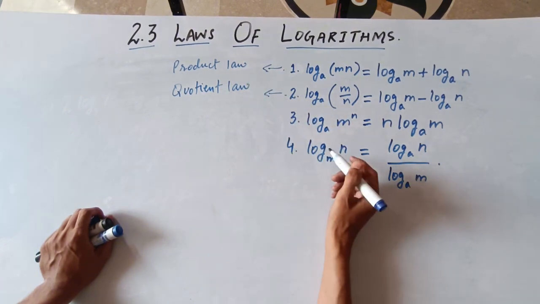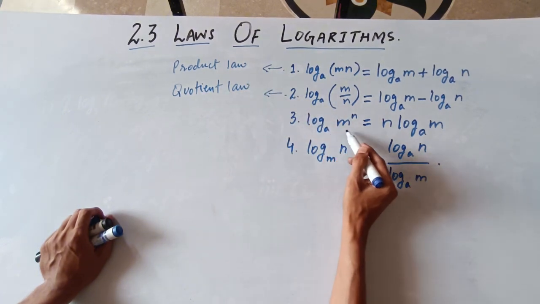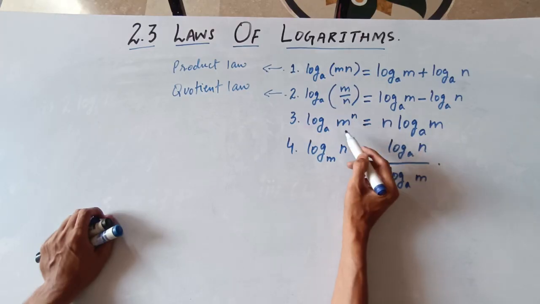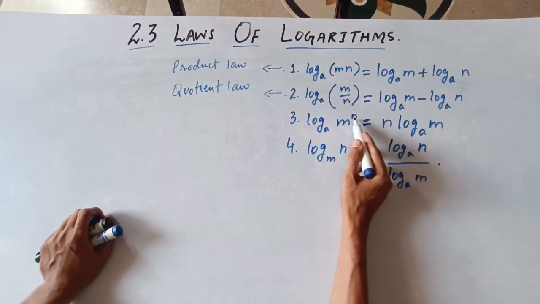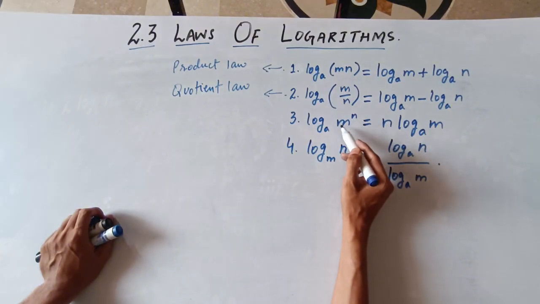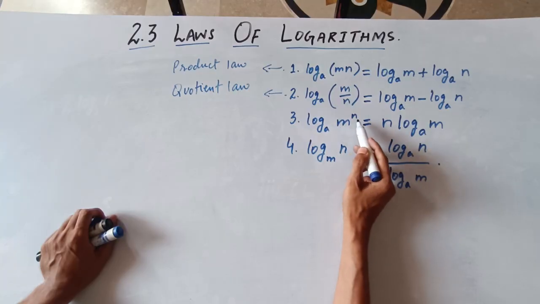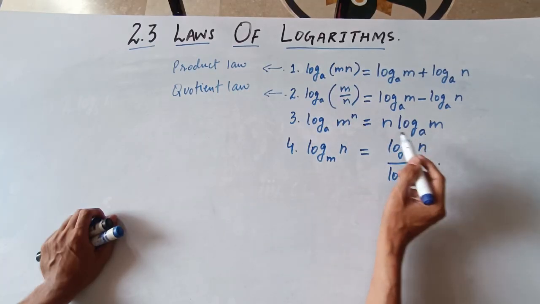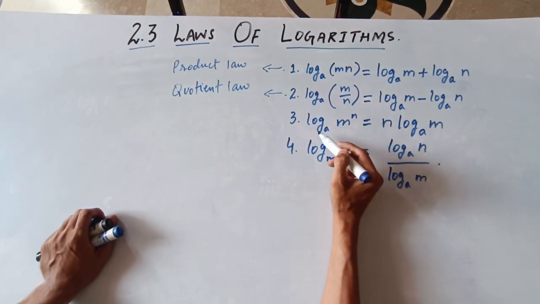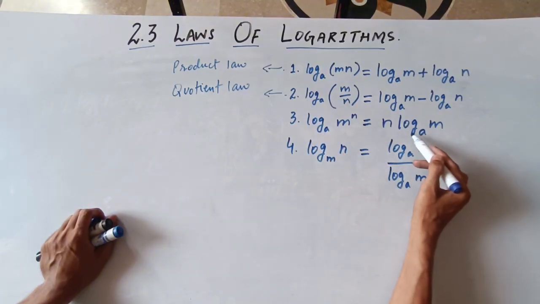Now the third law says log base a m power n. Here the two terms are like this: one is the base and the other one is the power. Whenever this type of law comes, or maybe in the question you have this particular thing, you can convert it the other way. You will move your power into the coefficient of the log.